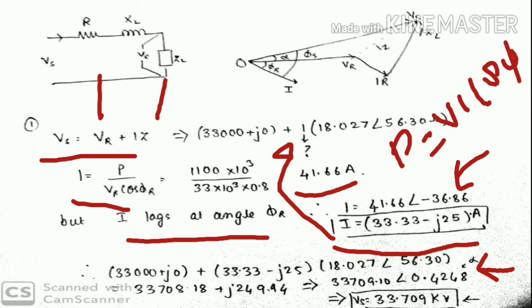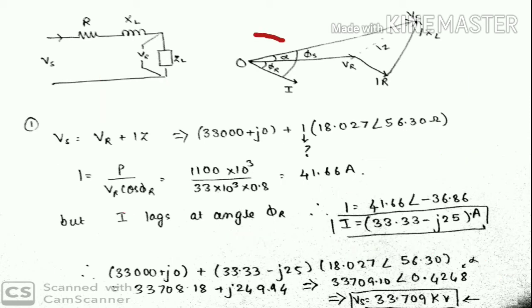Now what will be the value of this alpha? This will be equal to 0.4248, because when you see the phasor diagram, the line which is drawn for the Vs is at angle alpha. So here we can find that the value of alpha is 0.4248.